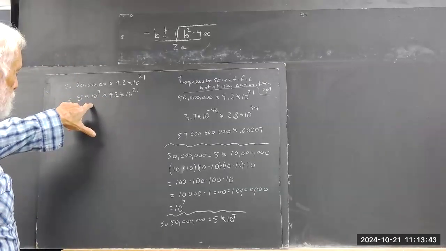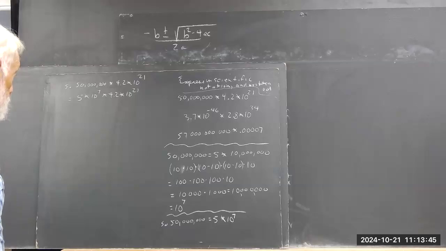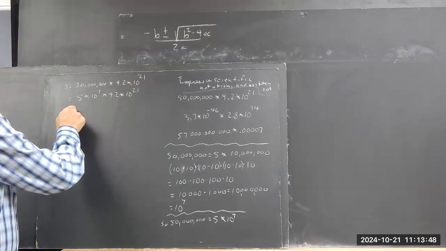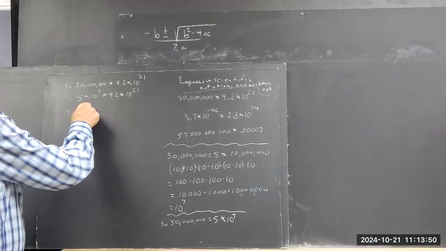And that's 5 times 10 to the 7th, and then times 4.2 times 10 to the 21st. Now just make sure we understand what's going on.